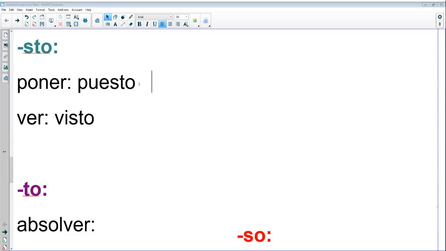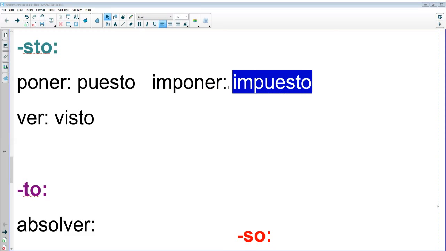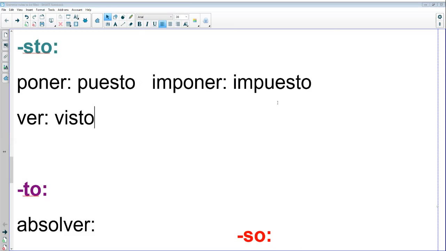So for example, poner has a lot of different verbs that look similar to it, such as imponer, which means to impose, and imponer's irregular past participle is impuesto. As you can see, poner is sitting inside of the verb, so it also has an irregular past participle.